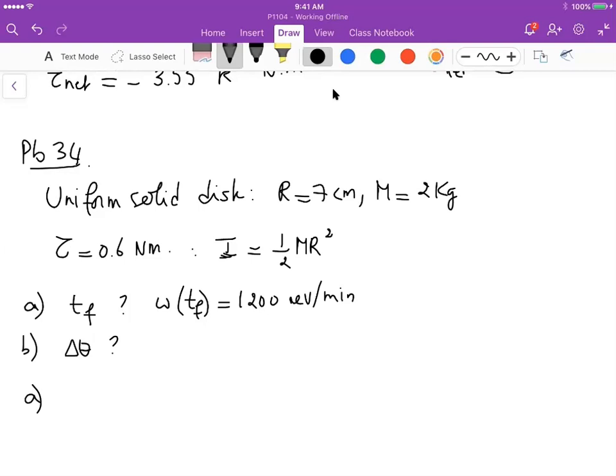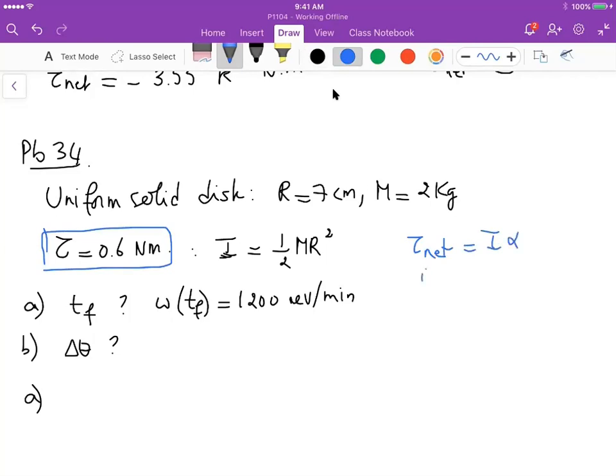This means the following. First, uniformly accelerating means it has a constant acceleration. And this information was confirmed when we said it's accelerating uniformly under the action of the constant torque of 0.6 Newton times meter. It means that the net torque acting on this wheel is given by tau net equals 0.6 Newton times meter, and this tau net is constant. We know that tau net is equal to I multiplied by alpha.